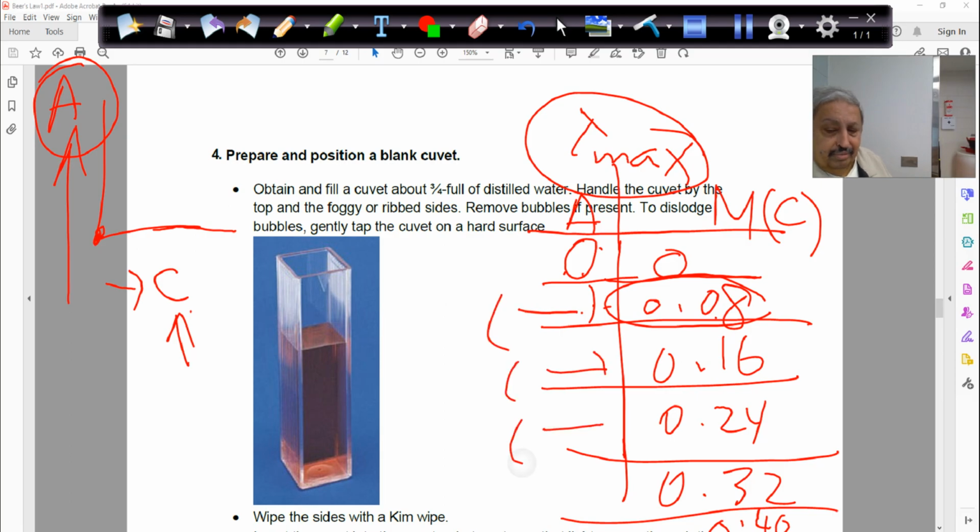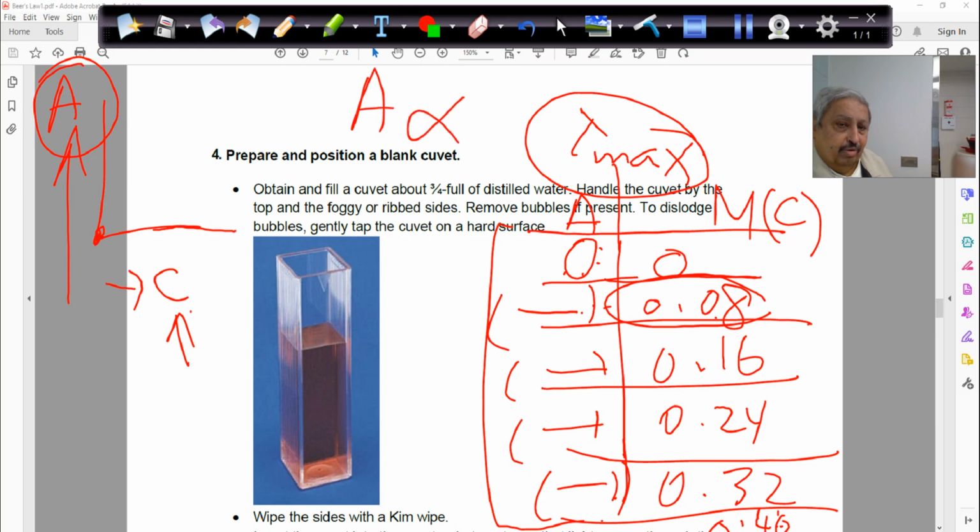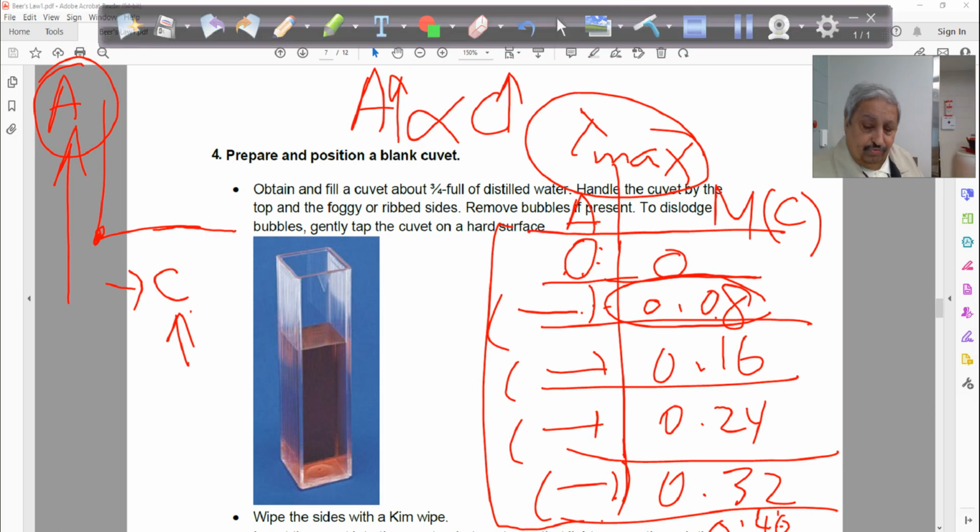So you measure the absorbance, and then you will do Excel starting from 0 to 0.4. The higher the concentration, the higher the absorbance. Remember, direct proportional. So you can expect the last value of 0.4 will be the highest value.